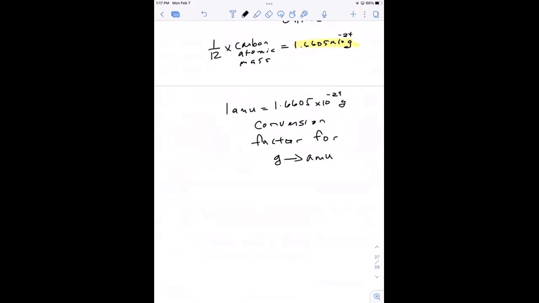Right. You'll see atomic mass units. An equivalent symbol for an atomic mass unit is a Dalton or a unified mass unit.